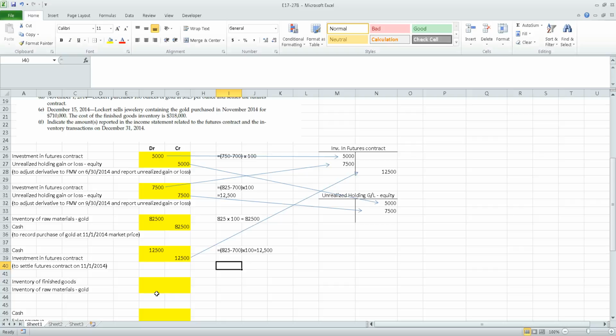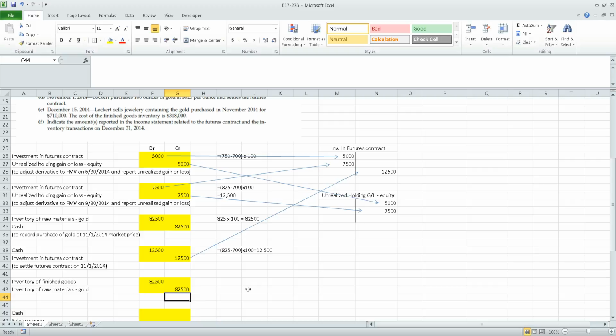And so the entry that we would make, of course, over time as we consume that gold in the manufacturing of our jewelry is debit the inventory of finished goods for $82,500 and credit inventory of raw materials - gold, as we consumed those raw materials in the manufacture of the jewelry and transferred the jewelry into our finished goods.